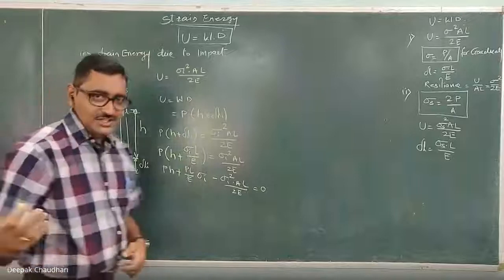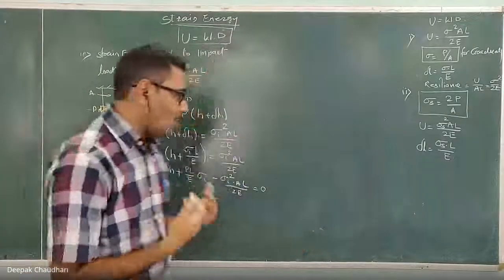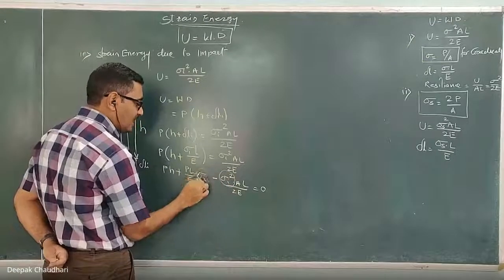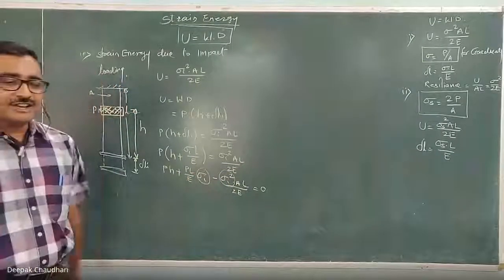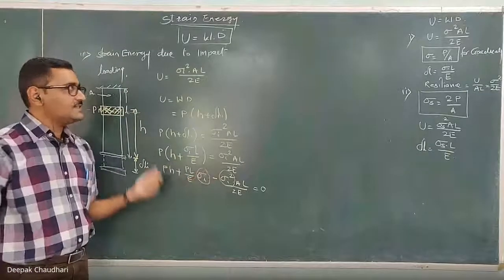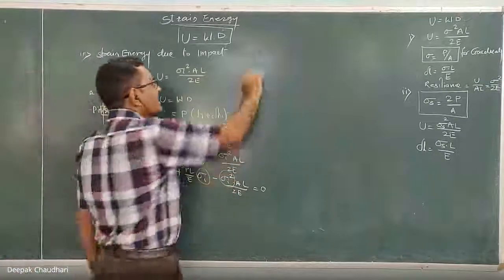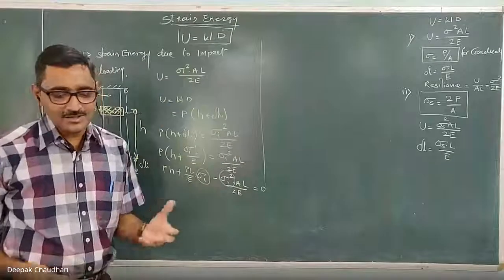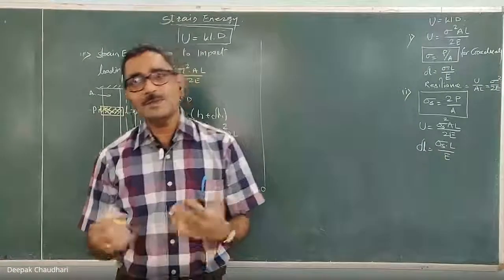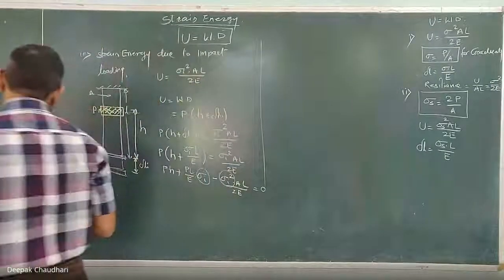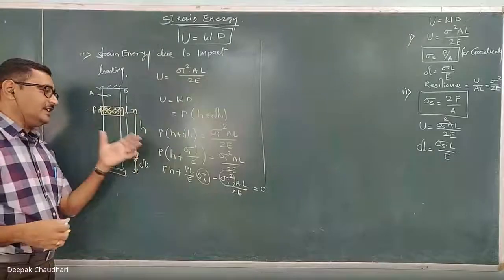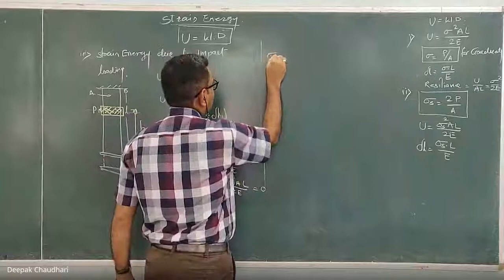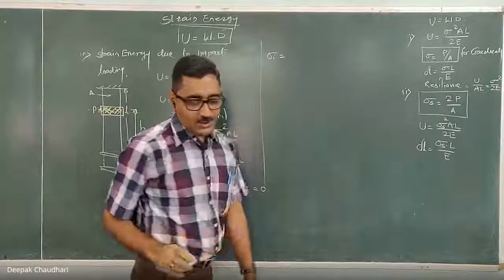If I rearrange it and observe carefully, you will see that this is a quadratic equation in sigma I, which is the stress induced because of the impact load. If I solve this by our normal formula, minus b plus or minus under root of b square minus 4ac upon 2a, and simplify, you will get the corresponding stress induced in the material because of the impact loading.